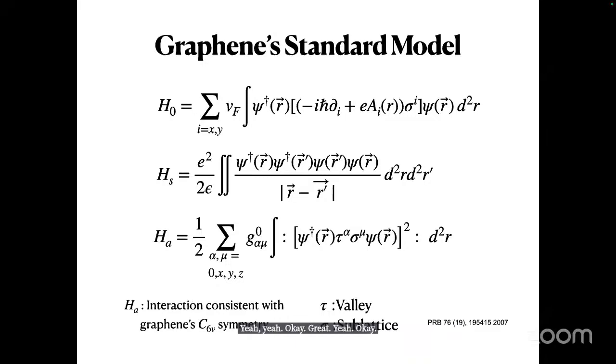So the model consists of three terms. First, you have a kinetic energy for the non-relativistic electrons, the standard term. You have a bunch of long-range Coulomb interactions. And then you have H_A, where A stands for antisymmetric term, antisymmetric in both valley and sublattice.